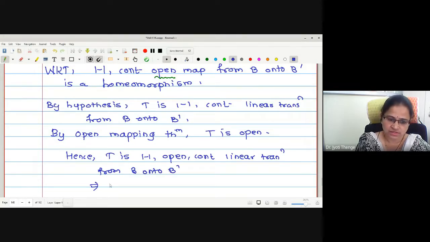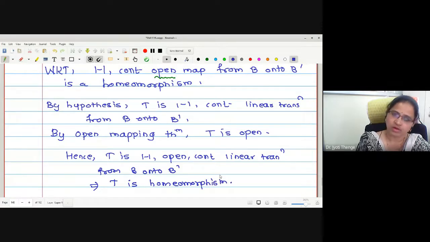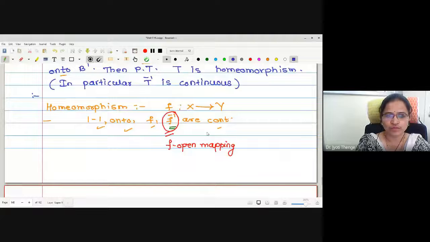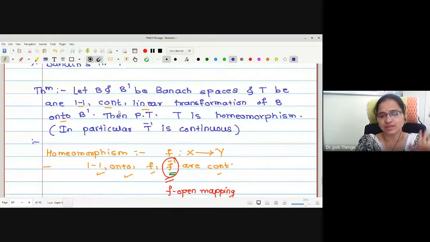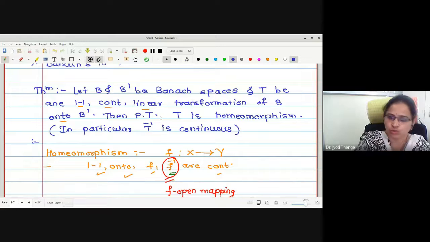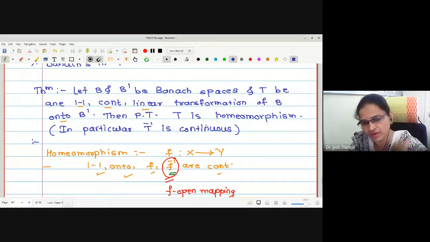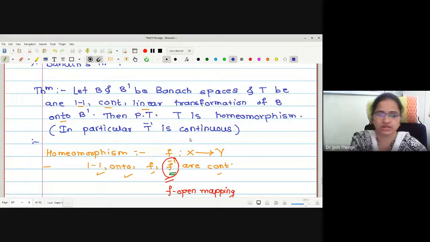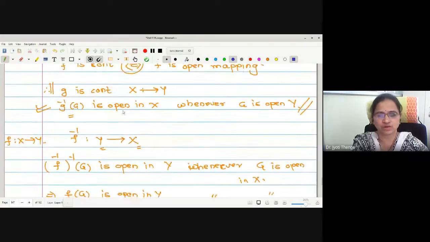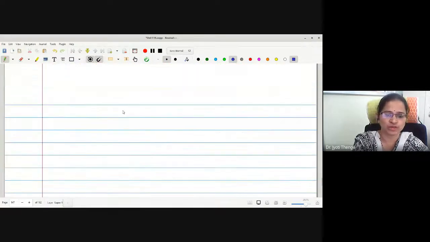This implies T is a homeomorphism. Therefore, what is the condition required for homeomorphism now? The condition required is simply one-one, continuous, linear and onto. Not necessarily should we have the inverse continuous or it being an open mapping. It's sufficient to write this. Okay. This we are going to use while proving one more important theorem called the closed graph theorem later.